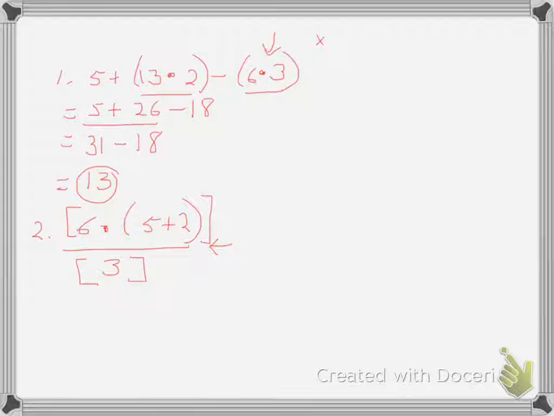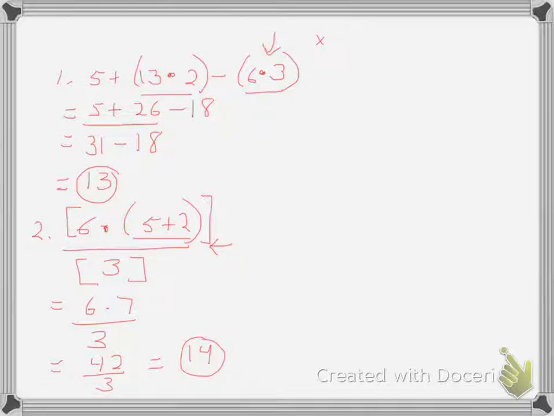So everything above, first I would have to do what's in the parentheses, so this becomes 6 times 7, divided by 3. Later we'll be talking about another approach to this, but right now we'll do that multiplication. That'll be 42 divided by 3, and that would be 14.